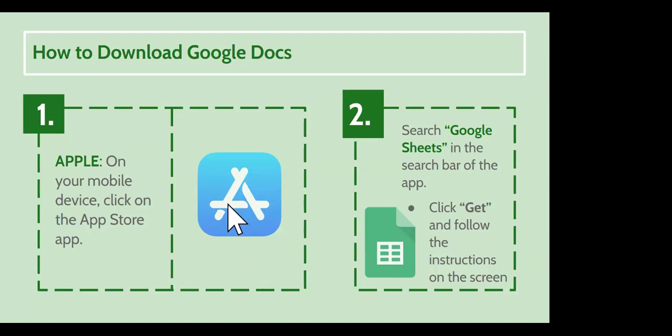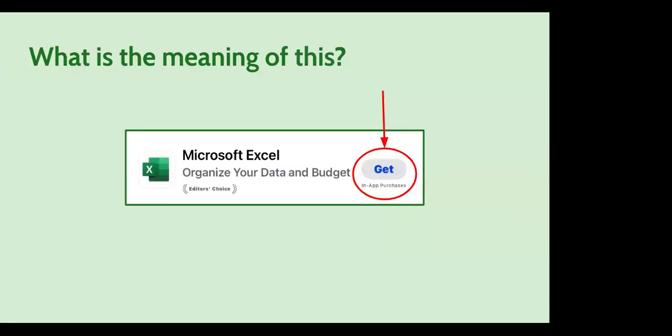So you will go to the App Store of your electronic device, and then you will use your search function to write down Google Sheets in the search bar, and then you will likely see a get button and will have to follow the instructions on the screen to be able to use it. Now, I put the link to the app in the chat for everyone as well.